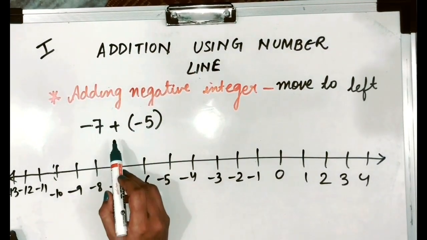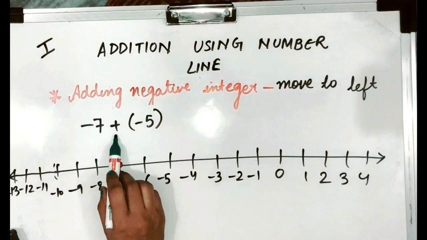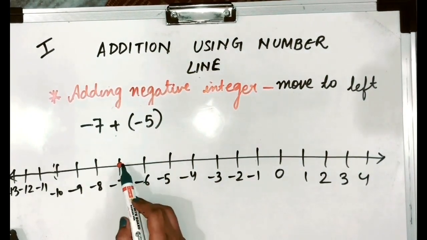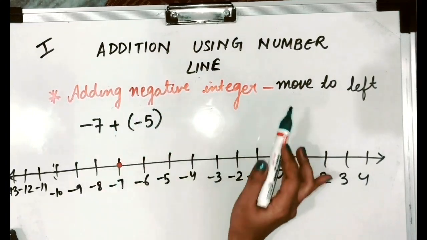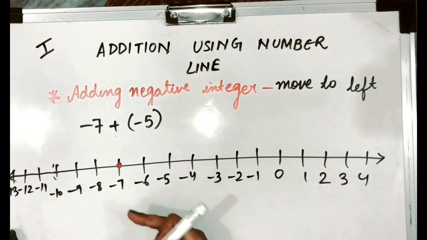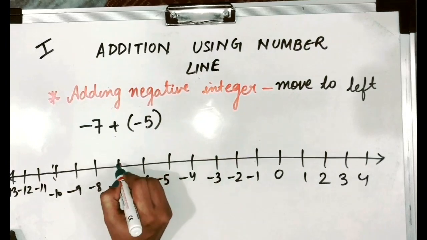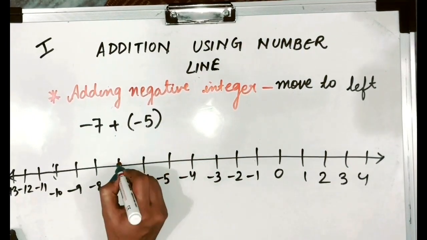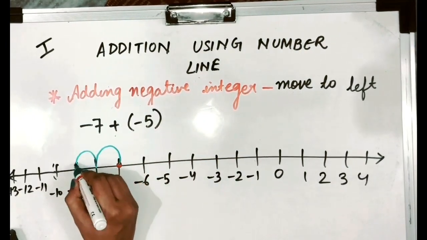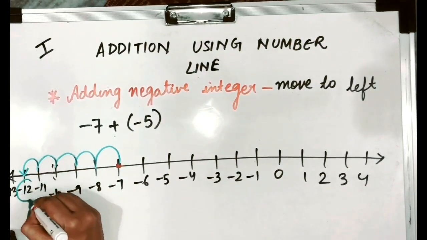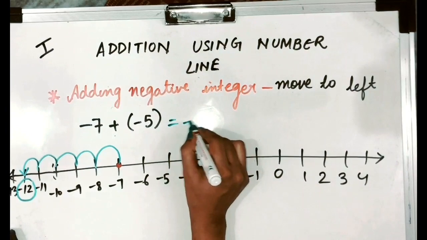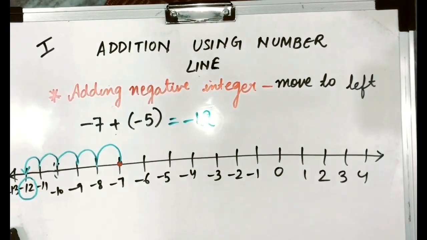And it is written plus minus 5. We are adding a negative integer. So we are not supposed to move to the right because we are adding a negative integer. So what we'll do, we'll move to the left of the number line. How many times? 5 times. 1, 2, 3, 4 and 5. So we reached minus 12. So the answer will be minus 12.